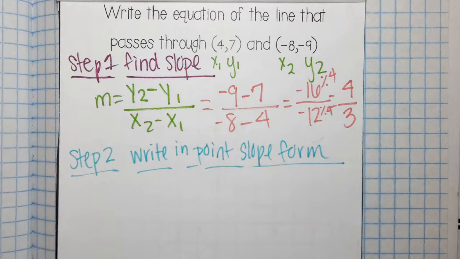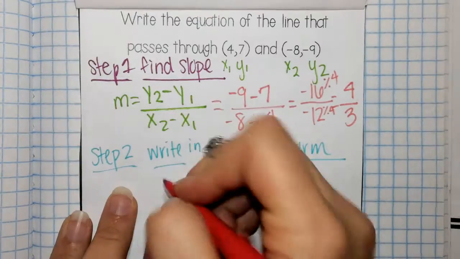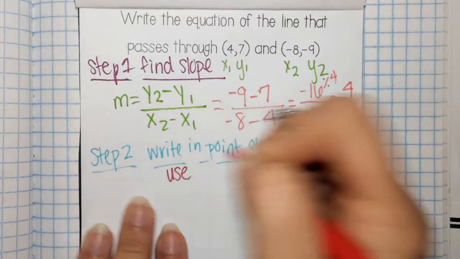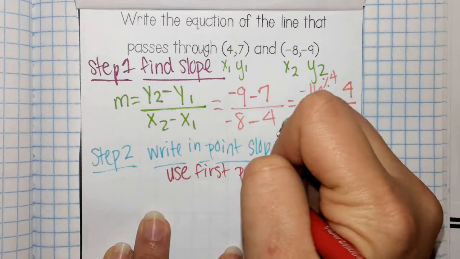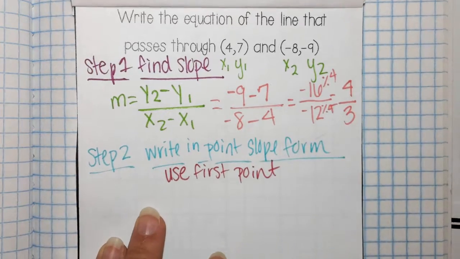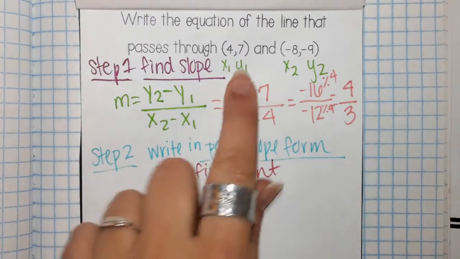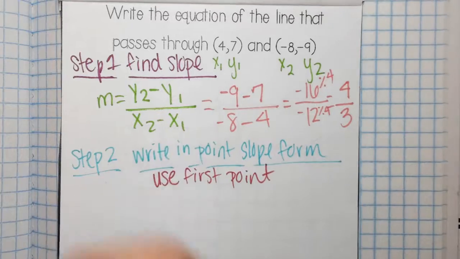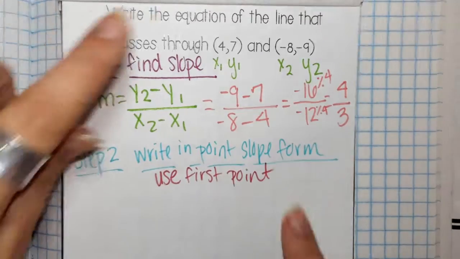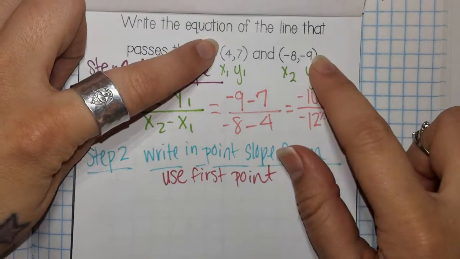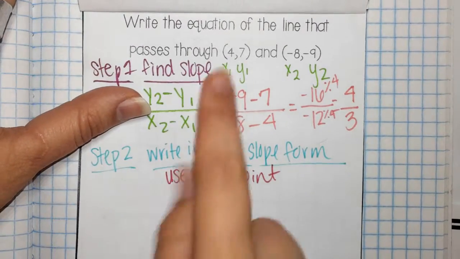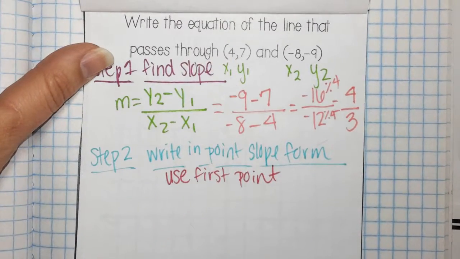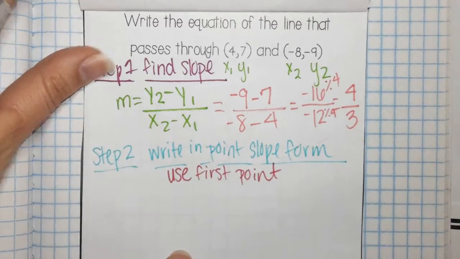So I want everybody to use the first point every single time. Do you have to use the whole point, or could it be one number, like the x from 1 point? No, it cannot be that. It has to be the whole point. That's a great question. So Austin asked if we could use the x from here and the y from here, or the y from here and the x from here. You cannot do that. You have to pick a point and use that. So we're going to pick the first point.